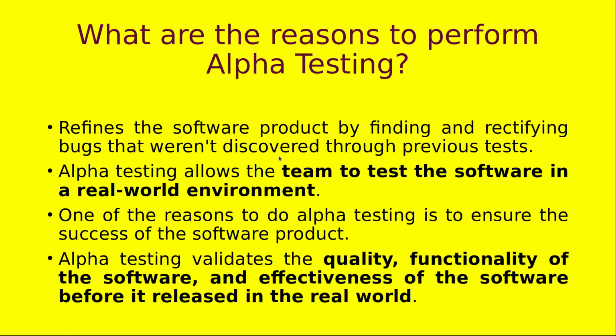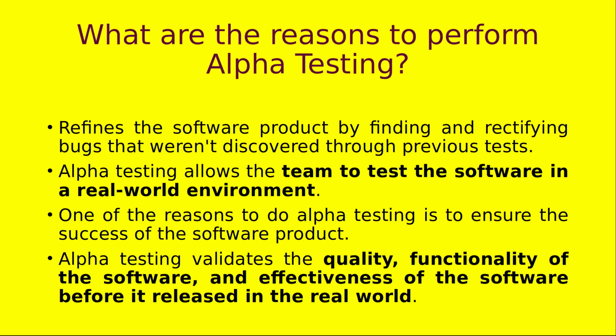Refine means that after the development of the product, we again want to test whether the product works well or not. So that's why we do alpha testing. Then we find the errors, remove them, and again move to retesting.